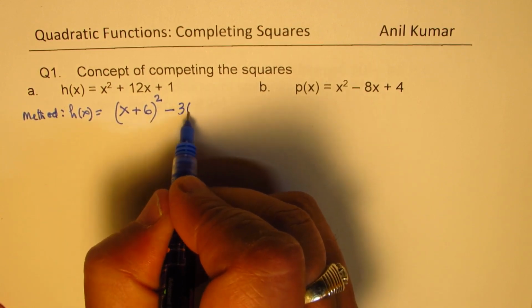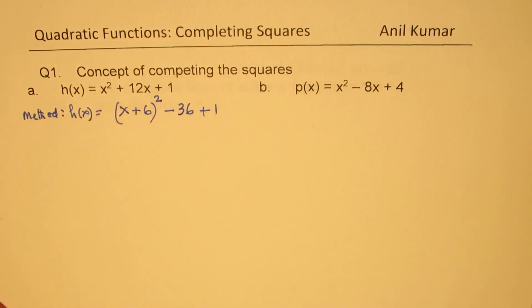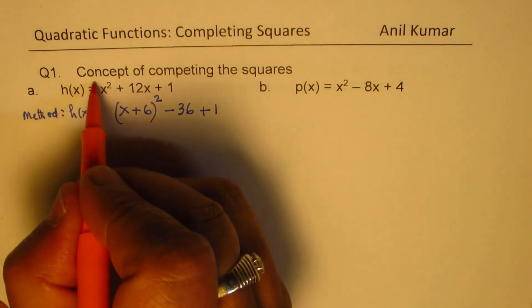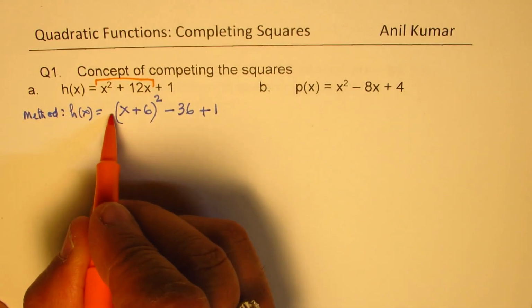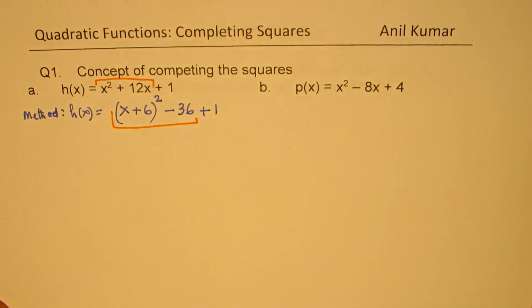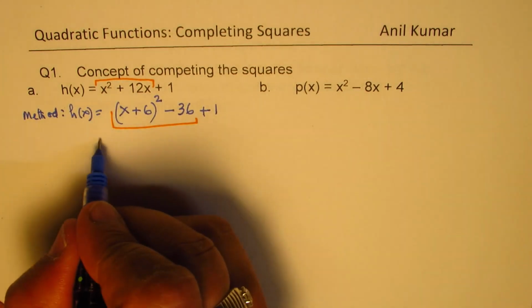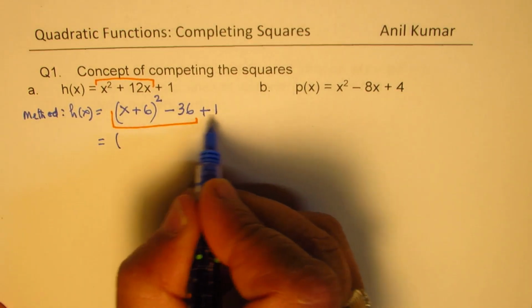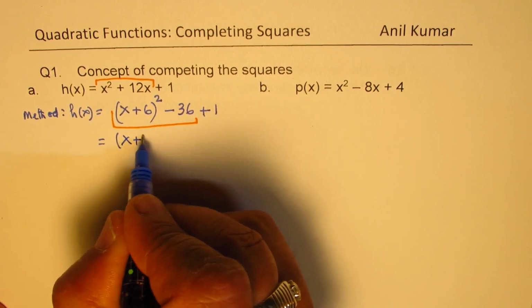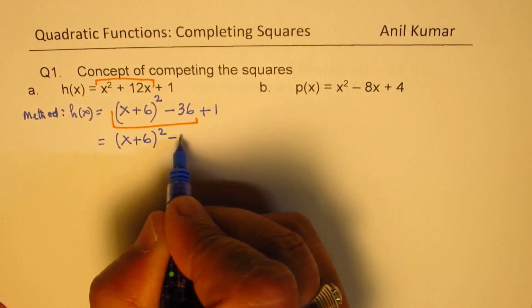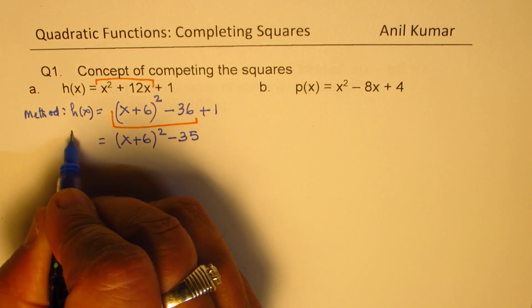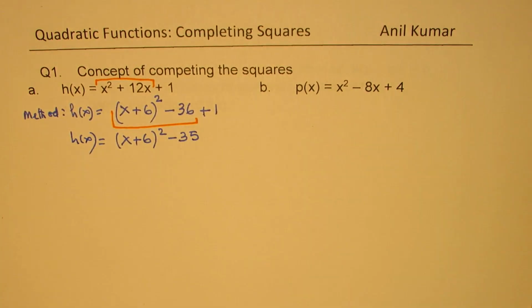So 6 square is 36 plus 1. So what we did was we wrote this portion here as that, correct? And now I'm just combining the two like terms and writing this as (x plus 6) whole square minus 35. Do you see that part? So we have done it within a step, one step solution.